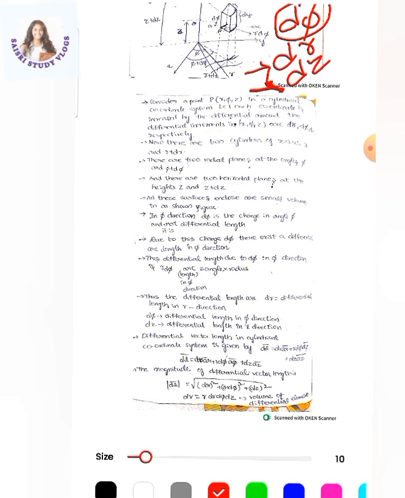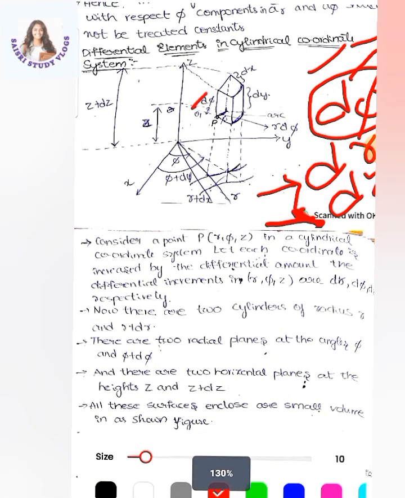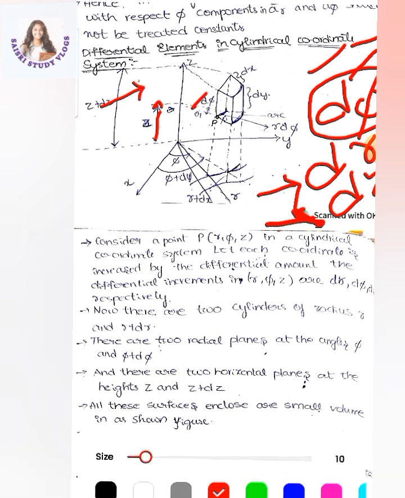In this diagram, z increases to z plus dz, the angle phi increases to phi plus d phi, and r increases to r plus dr. These are the three changes that have occurred.